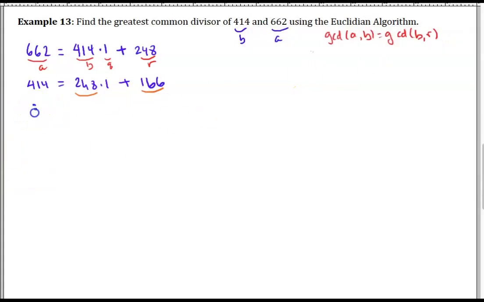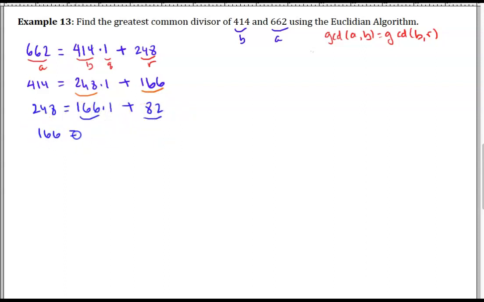All right, so we're going to have 248 divided by 166, and it goes in once. So 166 times 1, and then find the remainder. We get 82. We keep going with 166 and 82.